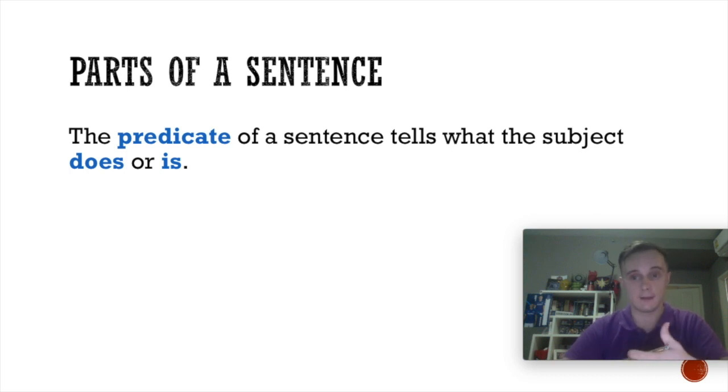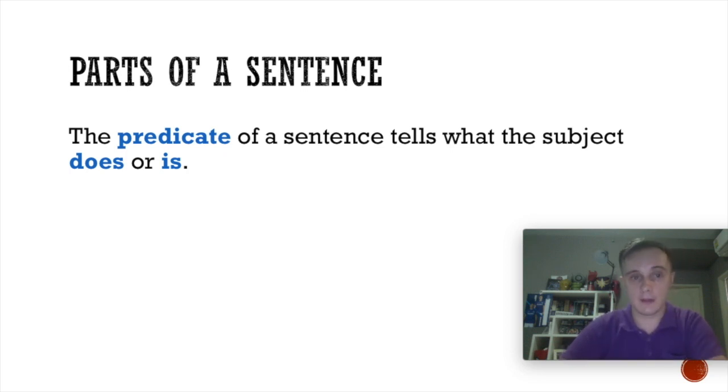The predicate tells you what that subject does or what that subject is. So when we say does, we mean like an action. So you're going to be looking for an action verb. When we say is, we mean the special verb be. So is, am, are, was, were, or will be. They tell you what the subject is.